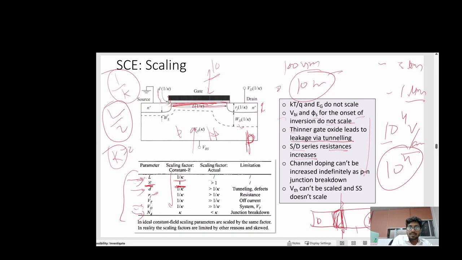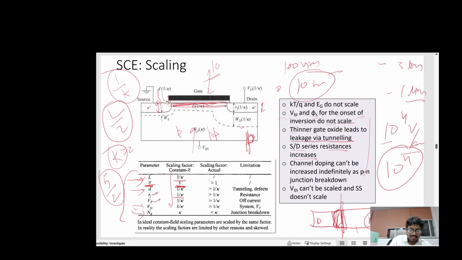Both of these thicknesses you have to decrease by 1 by k. If it was 5 nanometer, now you need to divide it by 2.